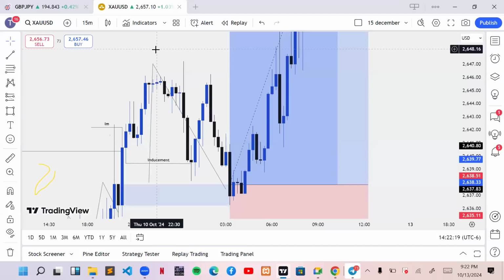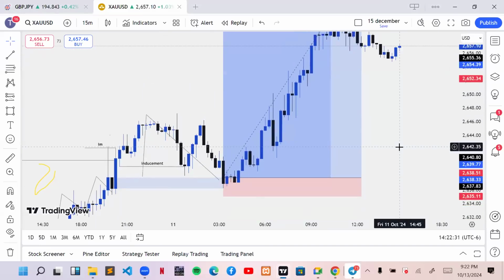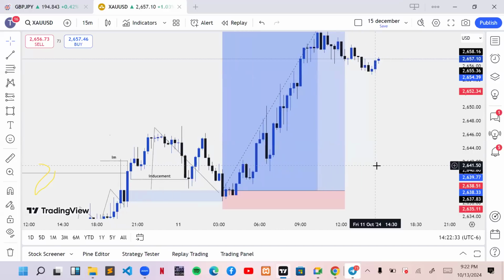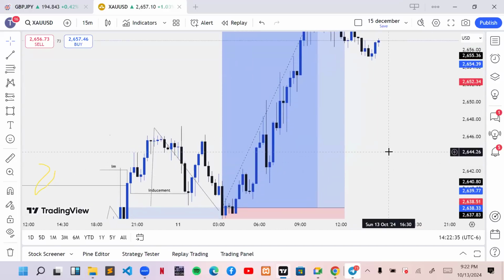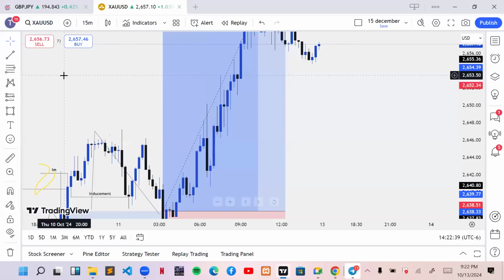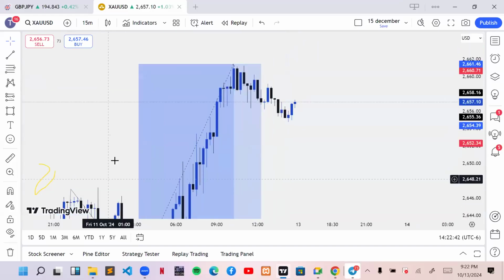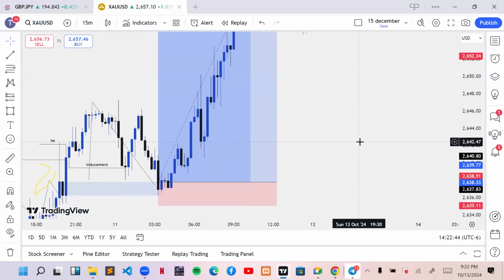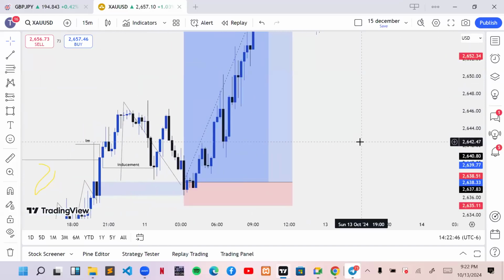Would you ignore the setup it created up? You wait for your setup to trigger. You don't trade everything. If you want to take the other one above, when you eventually see it, there are multiple setups on multiple time frames. One person can take their buy from here, another person can take their buy from here, another from here. The one that is valid is the one you take, the one you are able to catch.